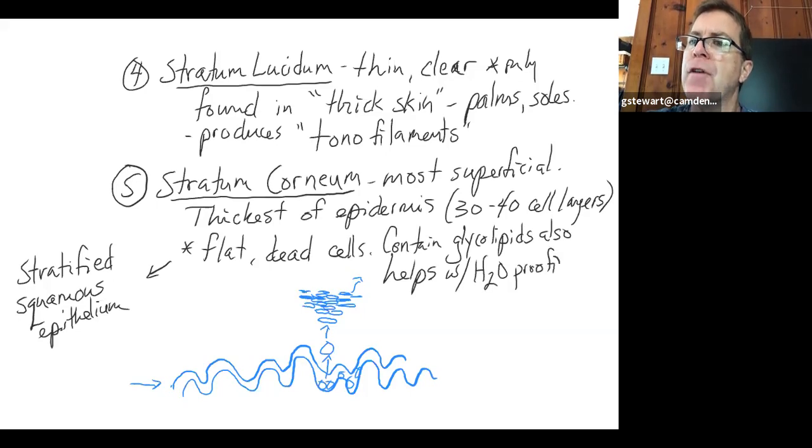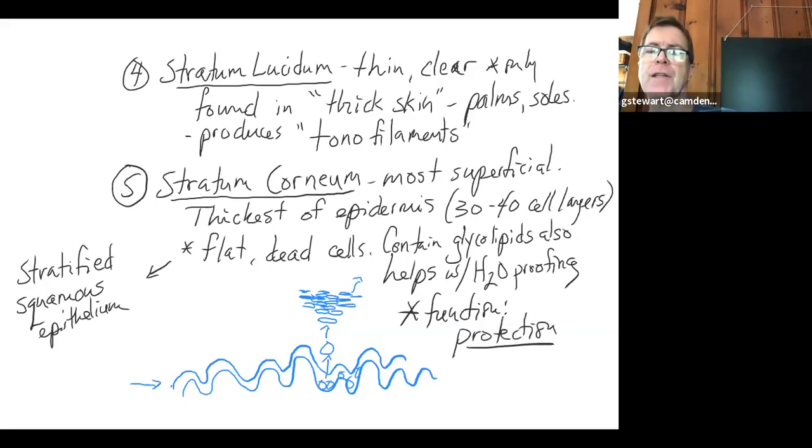But its main function, this last layer, is protection. That's why it's tough, thick, and the cells are knitted together, almost glued together. All right, those are the 5 layers of the epidermis.